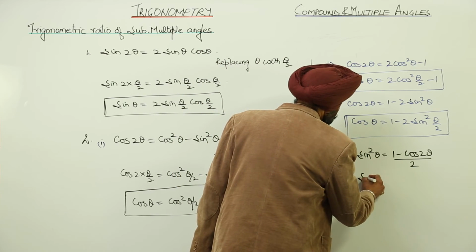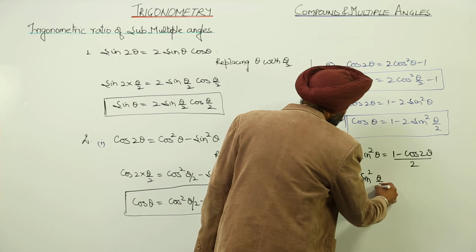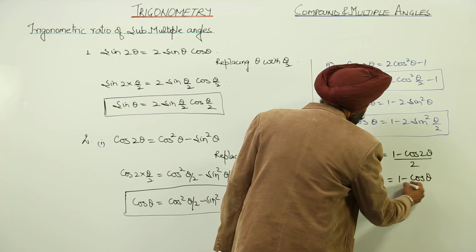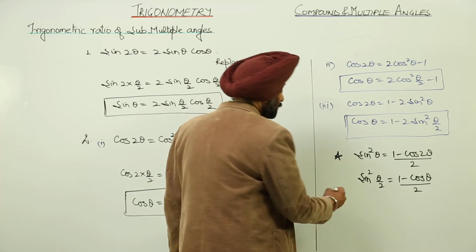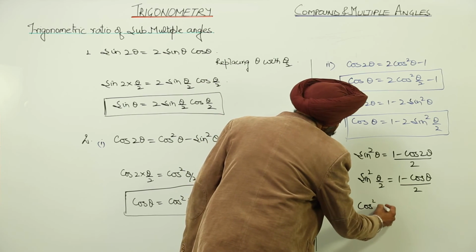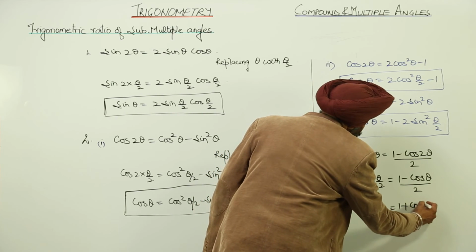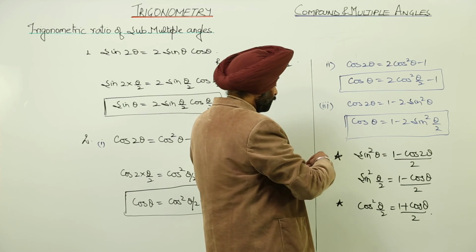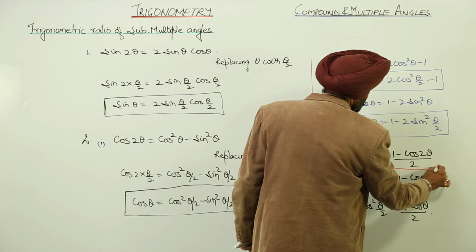Sin square theta by 2 is equal to 1 minus cos theta upon 2. Okay. Similarly, cos square theta by 2 is equal to 1 plus cos theta upon 2. So we have to be careful, we have to learn all these things which we have done.